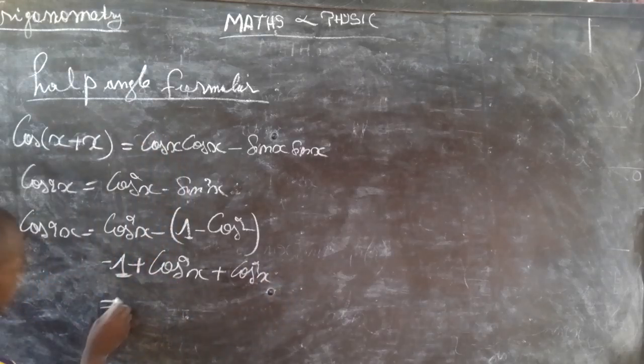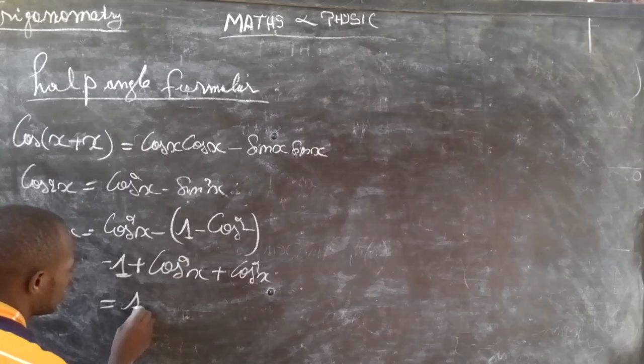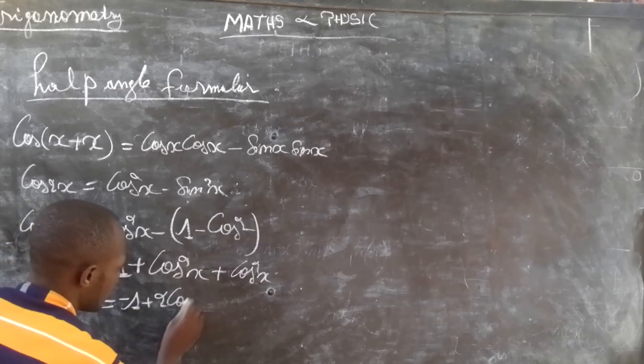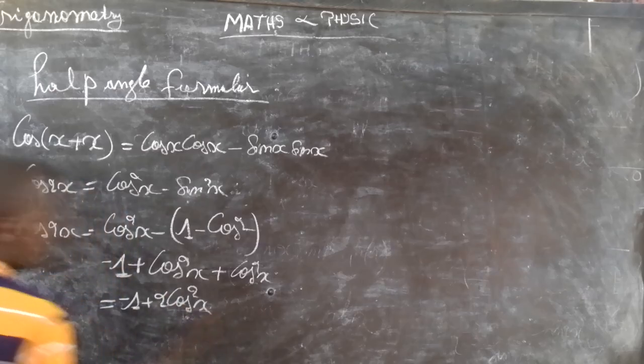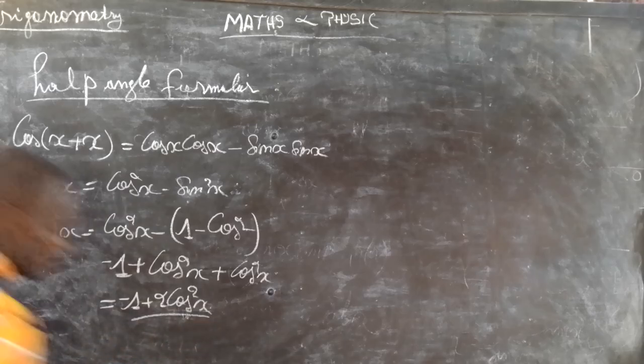This gives us 1 negative 1 positive 2 cosine square x. This is the second expression. Let's see the third one.